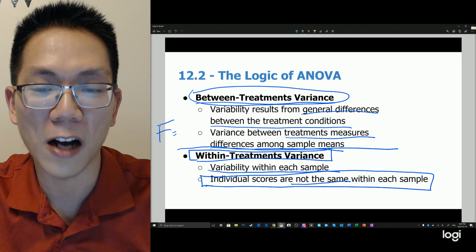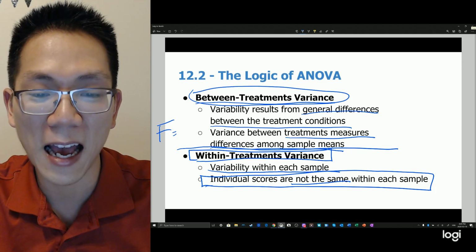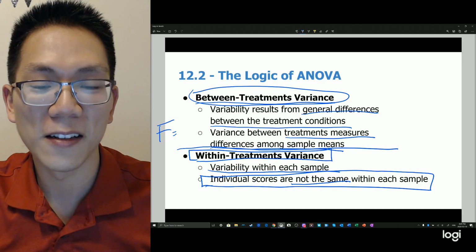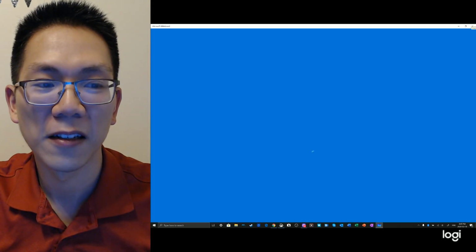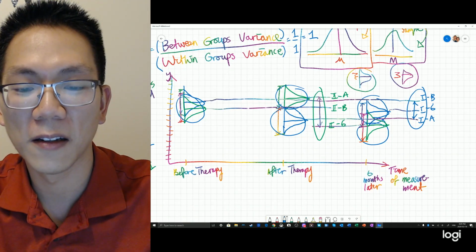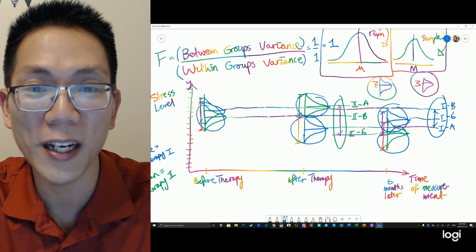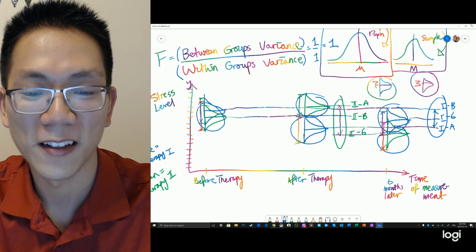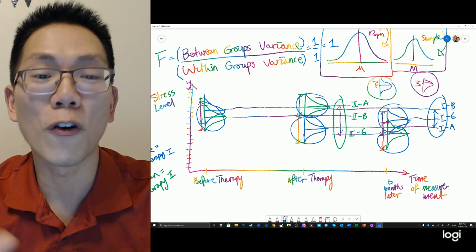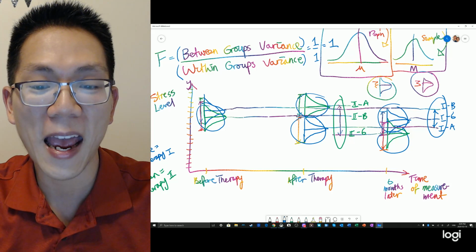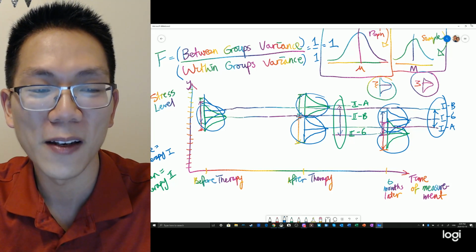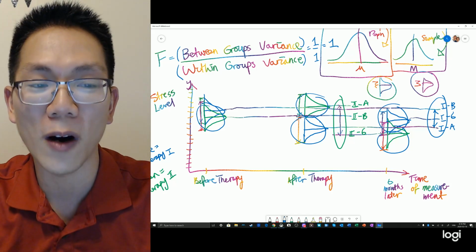So that's the logic of ANOVA. We're looking at whether the between group variance, that is, the differences between the distributions, looking at the lines across the graph here, are so much bigger than within group variance, that is the distributions themselves, that you're going to get a larger than 1 F ratio.